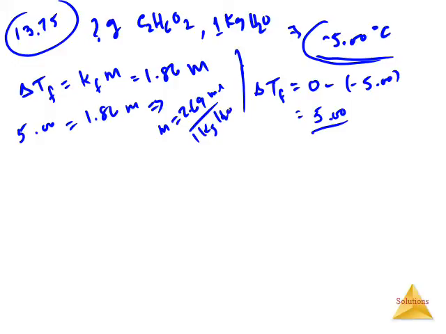Now keep in mind, this is the moles of solute, which is C2H6O2. Let me write down that formula: C2H6O2 per kilogram of the solvent.